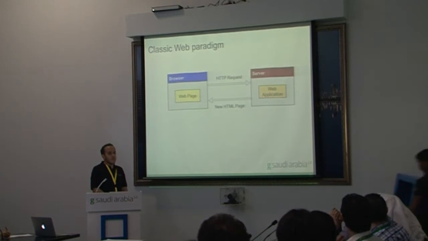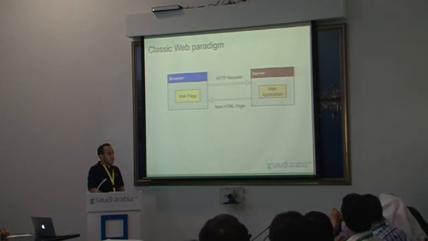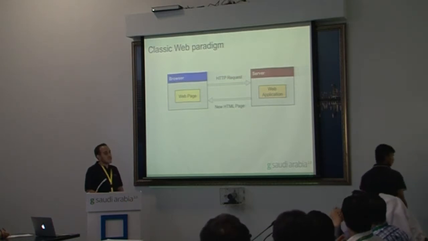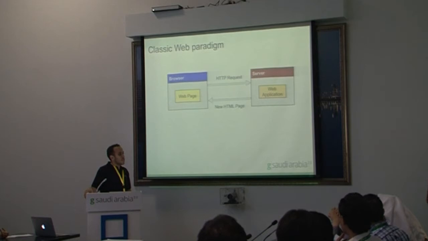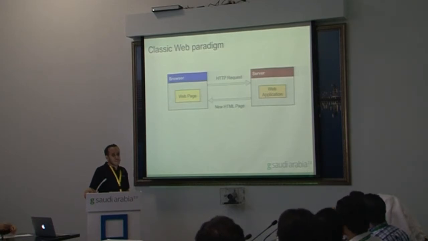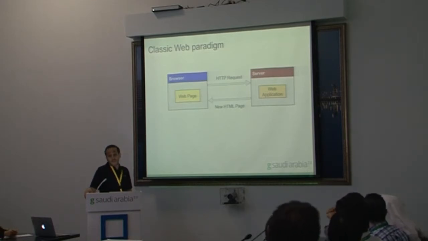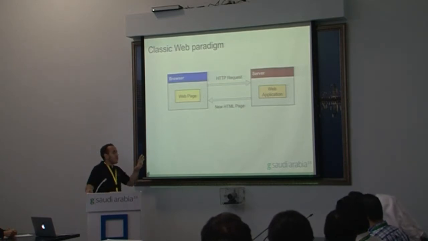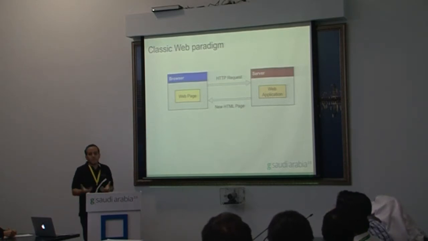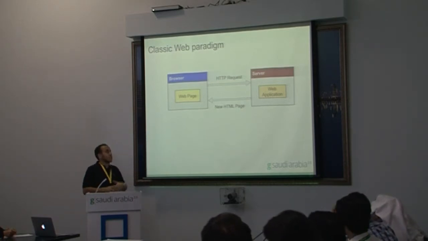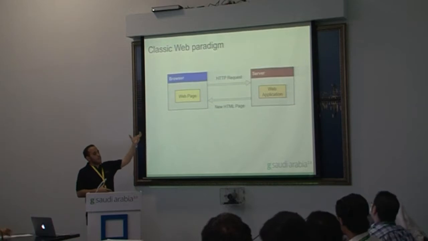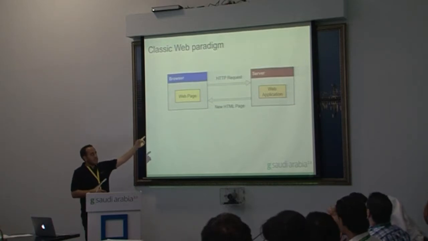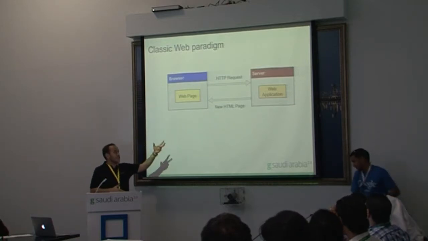So really quickly, I want to give you a history of web development. Okay, so this is the classic web paradigm. If you remember from the 90s and the early 2000s, what we had is a browser that has a web page and a server that has the application.